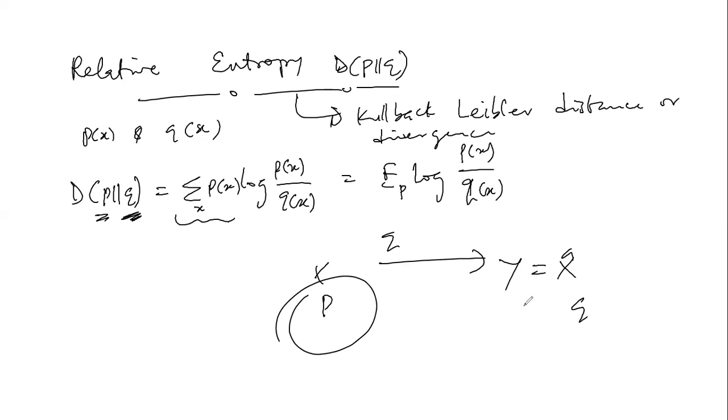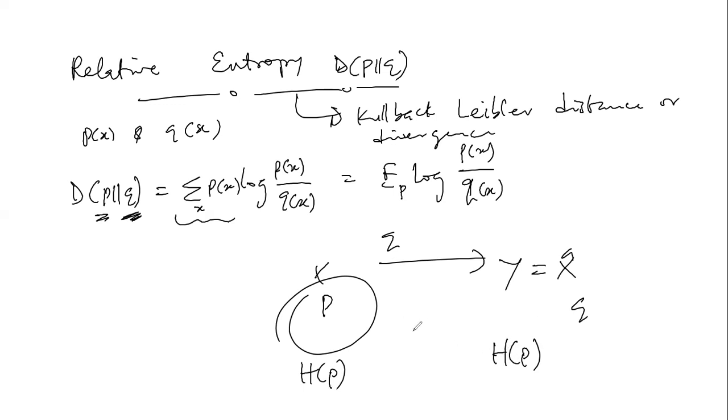So for me to be able to design the correct code, I need to know the relative entropy between P and Q, then add it to the entropy of P. So for effective recovery, I design a code H of P, because H of P describes the compressed data.